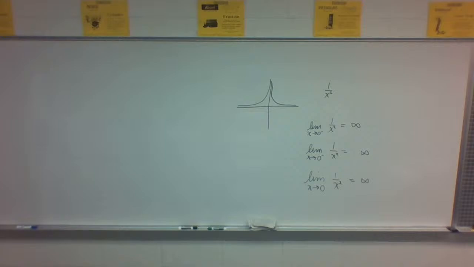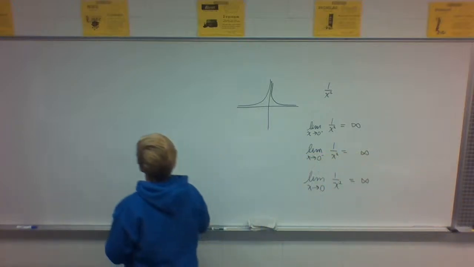Example 5 says the graph of f of x equals tangent x, which is sine x over cosine x, has infinitely many vertical asymptotes. You knew that because you know how the graph looks. One at each point where the cosine is 0, because that causes division by 0, so there's an asymptote there. If a is an odd multiple of pi halves. So we've got a whole bunch now, and I'm talking about a tangent curve.